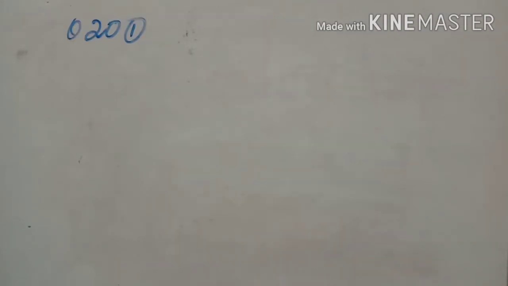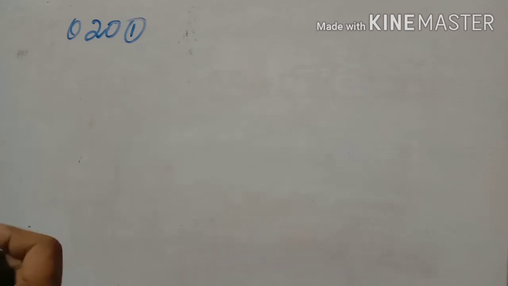Question number 21. Increase the number 150 in the ratio 5 by 7. As I told you, whenever it is increase or decrease, at that time you have to take the ratio in the reciprocal. Now you follow.